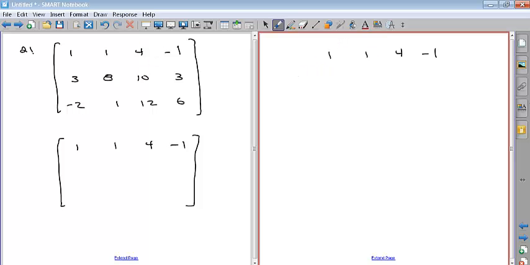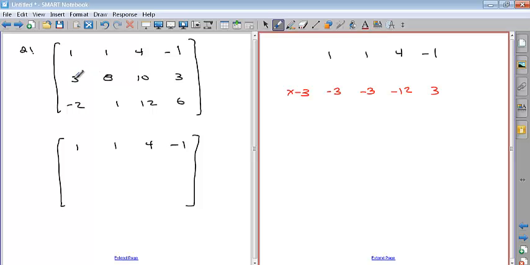So if I multiply by negative 3, 1 times negative 3 is negative 3. 1 times negative 3 is negative 3. 4 times negative 3 is negative 12, and negative 1 times negative 3 is 3. Okay, so that's just a multiple of the first row.